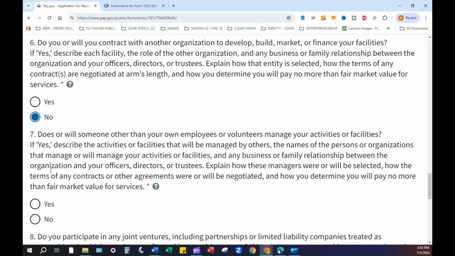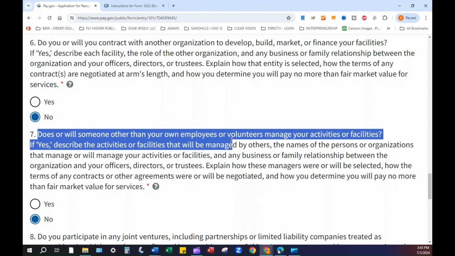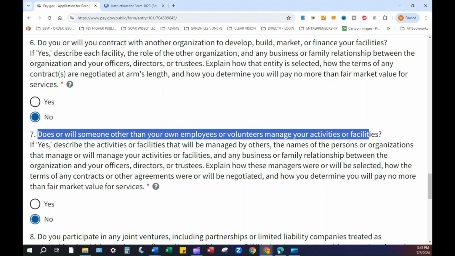But this question here, number 7, I oftentimes select no to this, but I'm going to give you an example of a time you may select yes. Number 7: does or will someone other than your own employees or volunteers manage your activities or facilities?